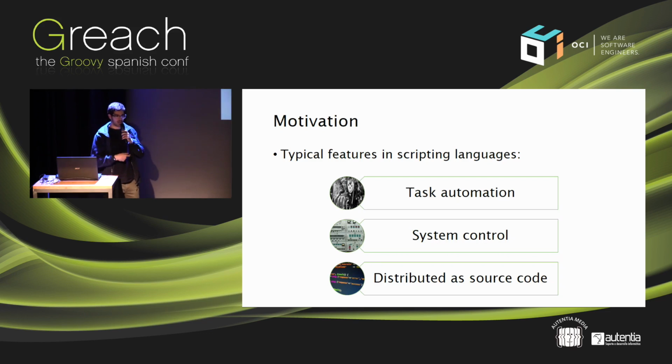Scripting languages allow us to control another system. For example, JavaScript is a scripting language that allows us to control the web browser. Other scripting languages allow us to control larger applications. For example, the Lua programming language and other scripting languages allow us to control the operating system.